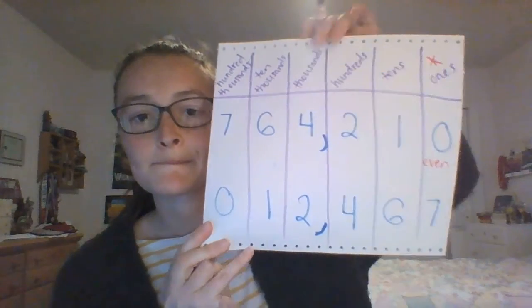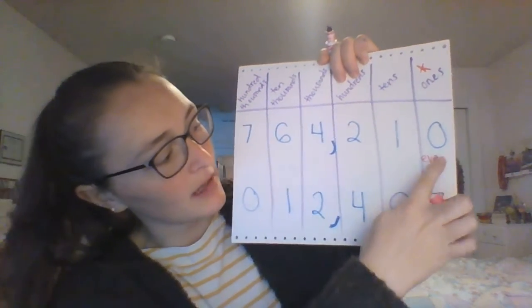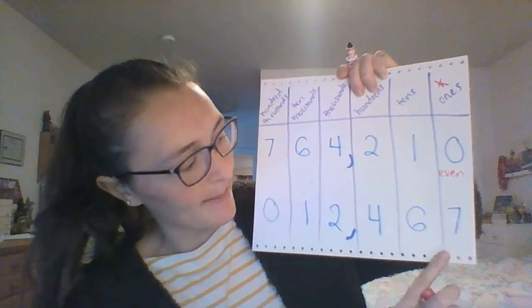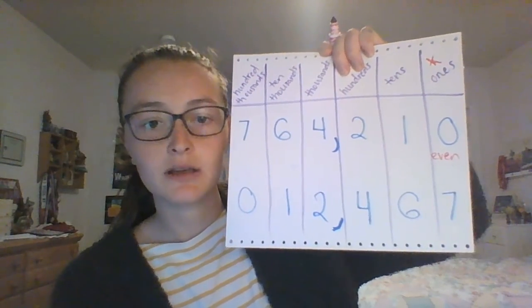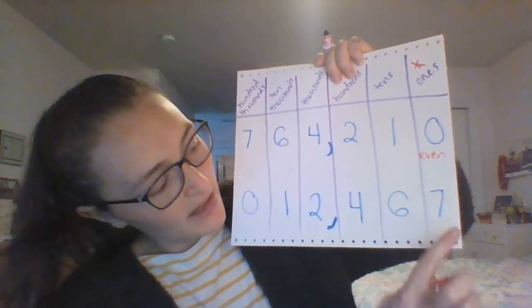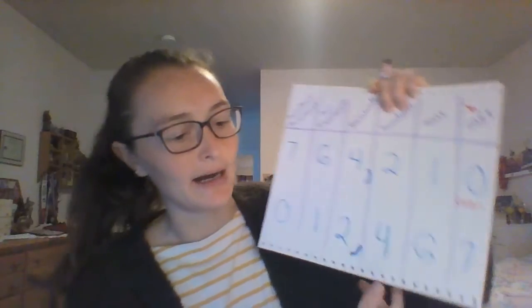So I'm going to write even next to my number. Even for this whole thing. Now, our smallest number, we have a 7. 7 is not a multiple of 2. So 7 makes this whole number an odd number.